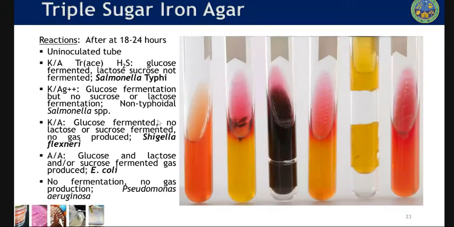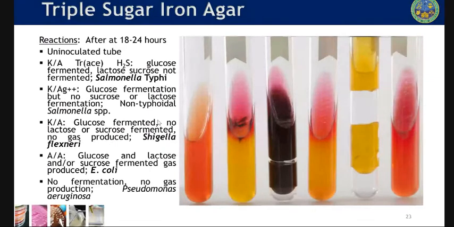Example is non-typhoidal Salmonella, that would be Salmonella species other than Salmonella typhi. And then the fourth tube, you have K over A reaction for Shigella flexneri. So no lactose or sucrose fermented, and glucose fermented.